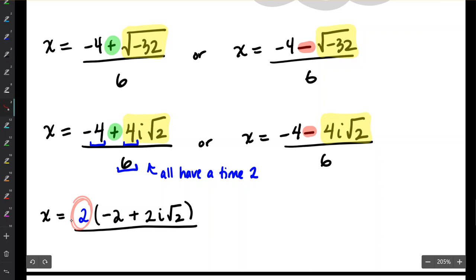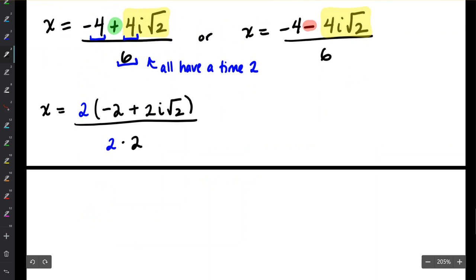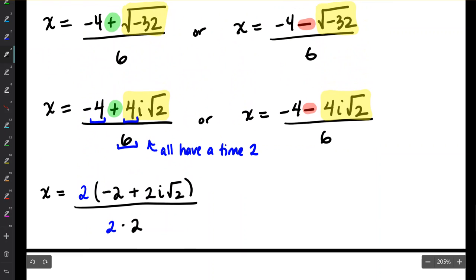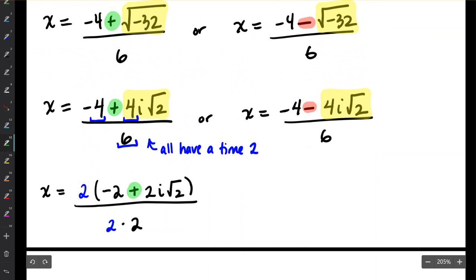Let's see it. 2 times 2 would be 4 times i times root 2 is 4i root 2. And 6 is 2 times 3. And I'm not canceling 2's here. I'm acknowledging a little secret times 1.